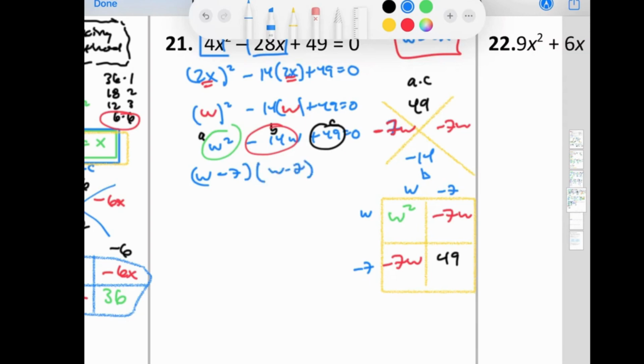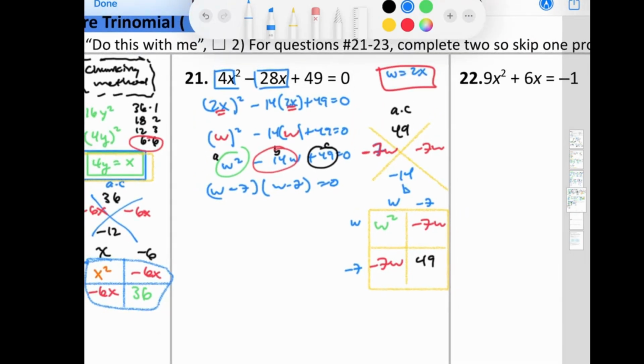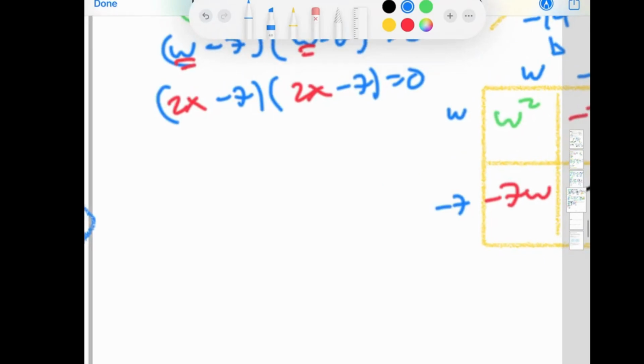Okay, before you finish, this might be a great time to put your substitution back in. Every w is 2x, same color, and because you have two of the same thing, you don't need to do the problem twice.